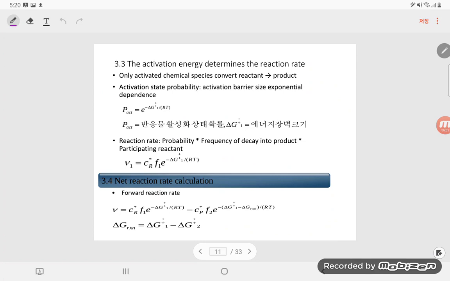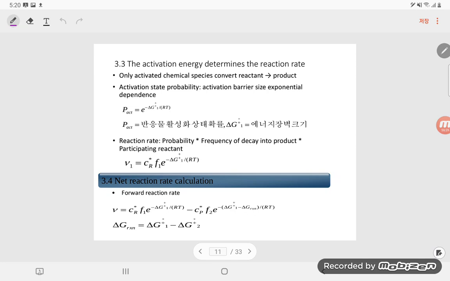So from this fact, we can anticipate what is the rate determination. So from now on, let's check how the activation energy determines the reaction rate. We should express this one in the form of an equation. So we will use the probability.